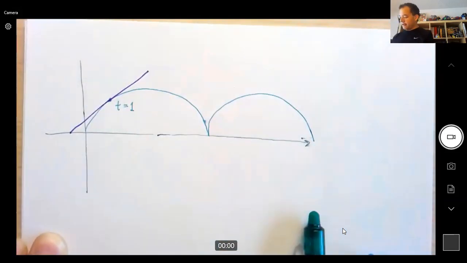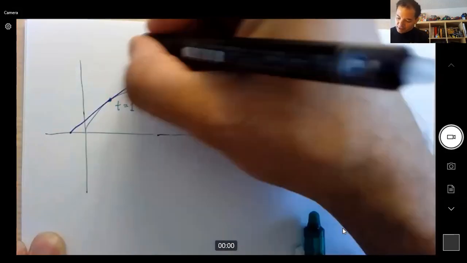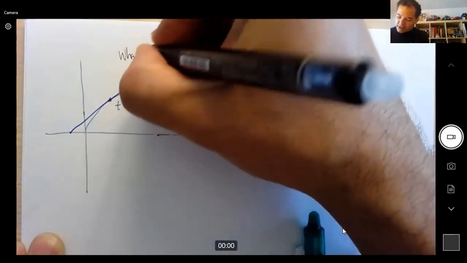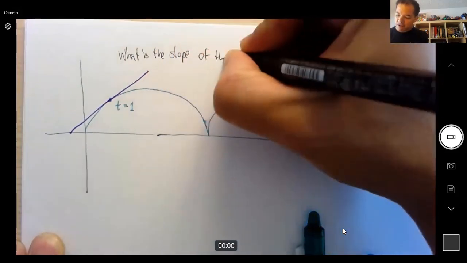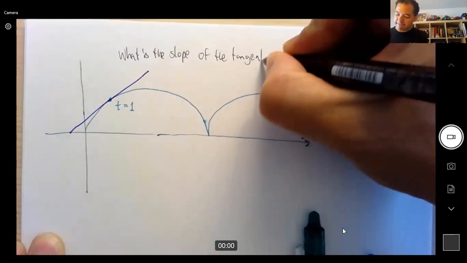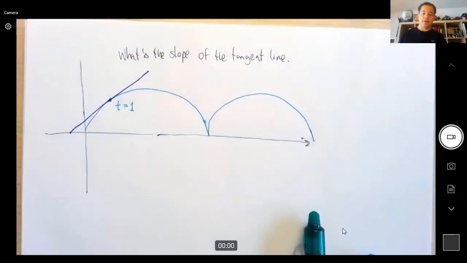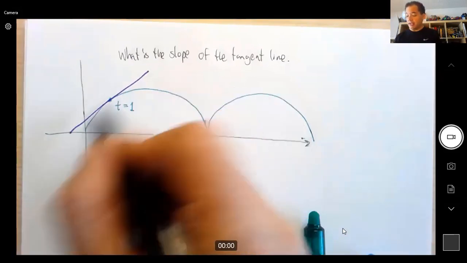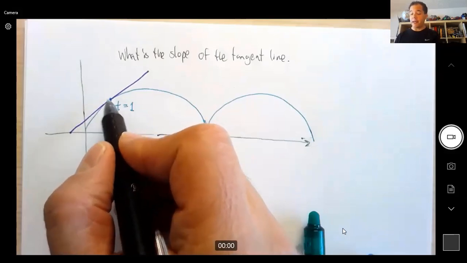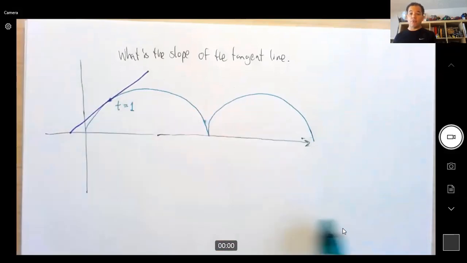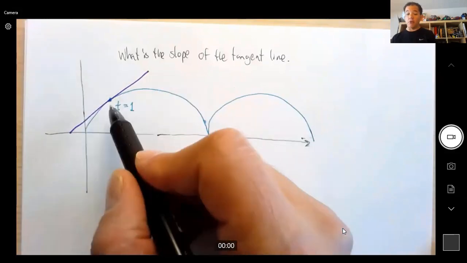So what is the slope of the tangent line? Because to find the equation of the tangent line, we need the slope, right? We already have a point, that's easy. So we would like to find the slope.